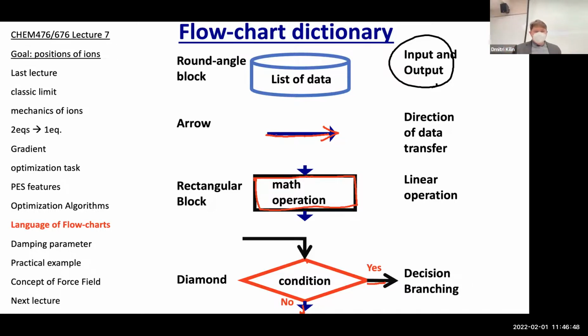And the language of flowchart diagrams is a standard tool to communicate it. It has very few words in this dictionary. One uses the symbol of a disk, like a cylindrical object, for data, an arrow for data transmission, a rectangle for math operation, and a forking diamond for decision making, for branching, where there could be 2 different outputs.